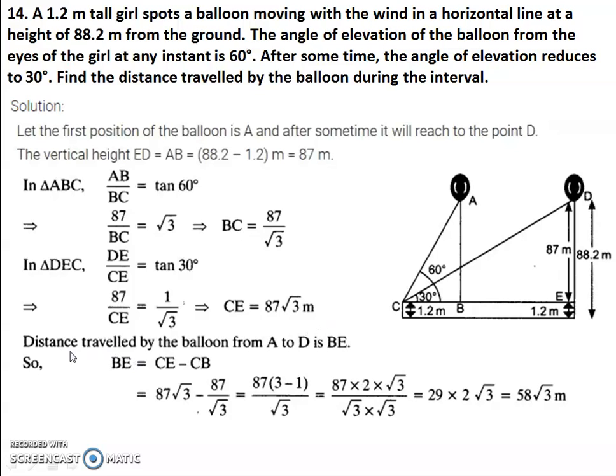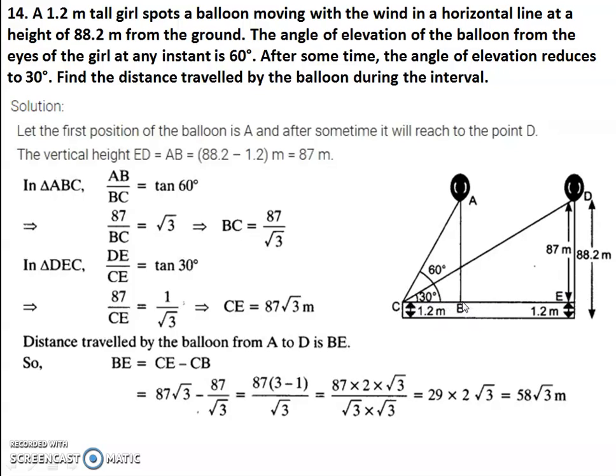Now, what is the distance travelled by the balloon from A to D? It is BE, isn't it? The initial position was B and the final position is E. So the distance travelled by the balloon is BE. You got CE and BC.